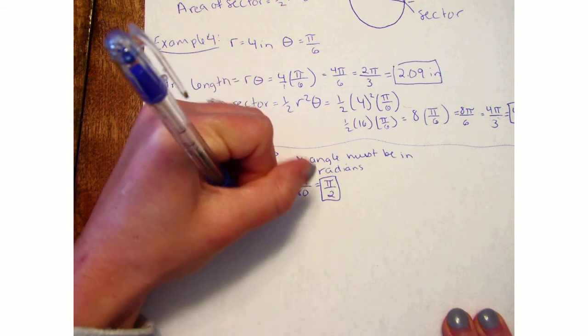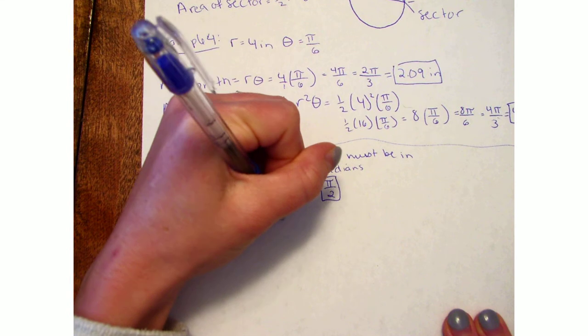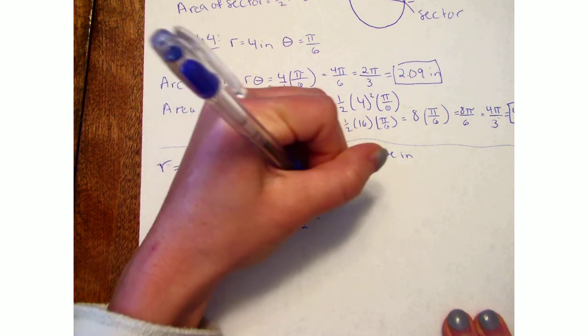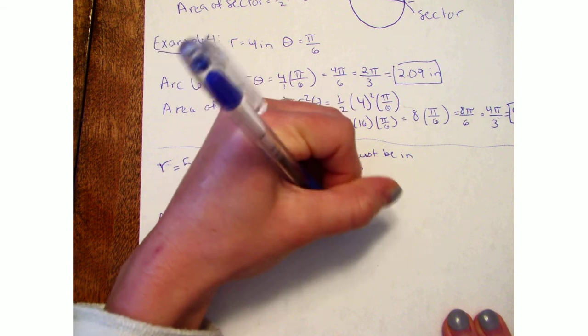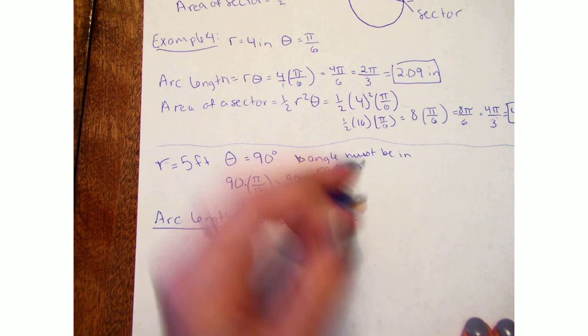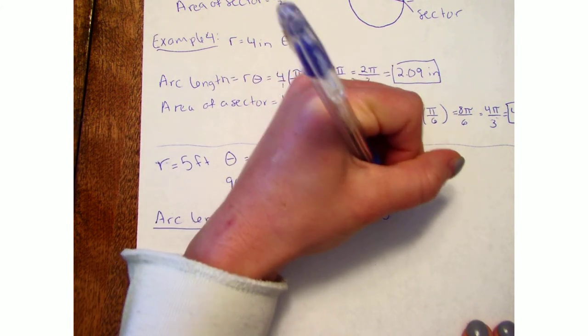And again, that's radius times theta, which is 5 times now pi over 2, which is 5 pi over 2. So again, if they ask for it in pi, fine. If not, throw it into a decimal, 7.85 feet.